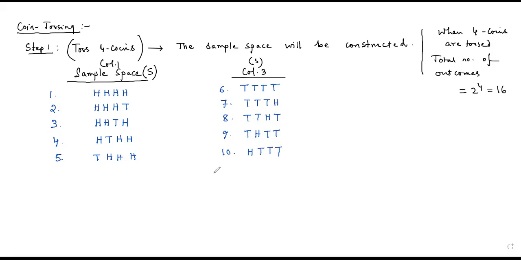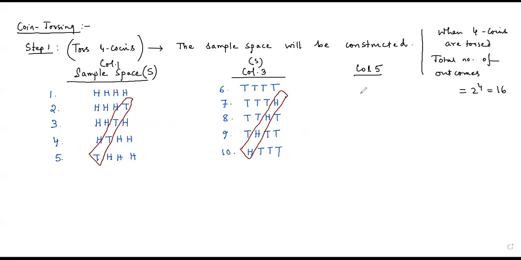As you can see, a kind of diagonal pattern is observed over here. Let me mark it. Just look at this particular pattern. Now 10 outcomes have been tabulated. Apart from these 10 outcomes, we have 6 more, so we will try to find those outcomes also.